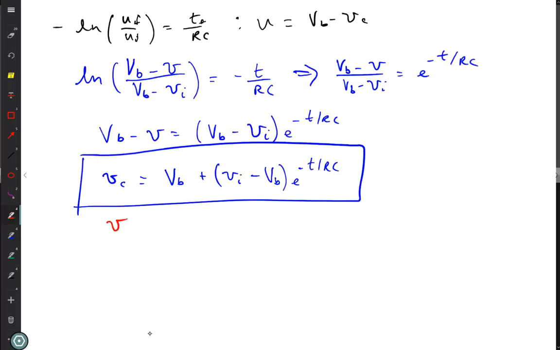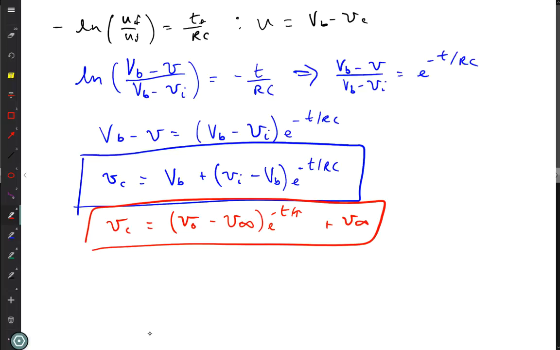So the voltage across my element, I'll put C here, is equal to the voltage at time equals 0 minus the voltage at time equals infinity, e to the minus T over R, well, let me put tau so that it always works, plus the voltage at time infinity. Because the VB was the voltage it reaches after an infinite amount of time in that position, and the V initial was the voltage it had right when you flip the switch.